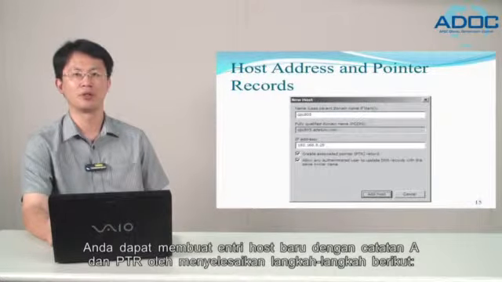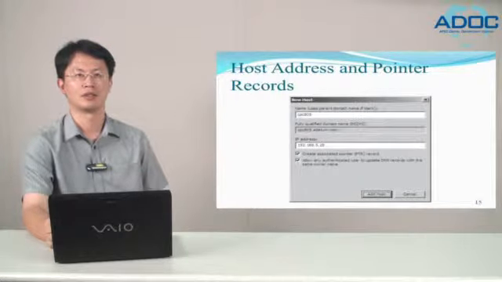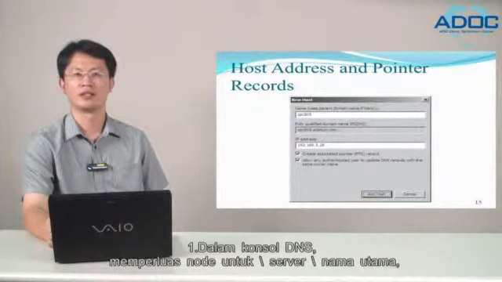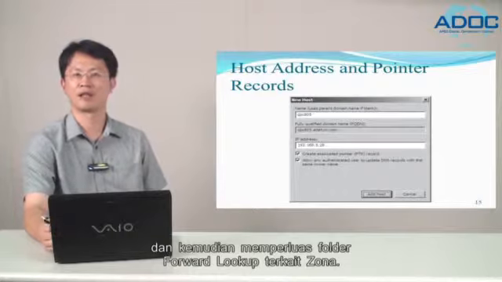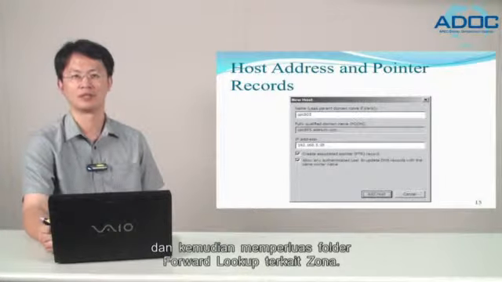you can create a new host entry with A and PTR records by completing the following steps. In the DNS console, expand the nodes for the primary name servers, and then expand the related Forward Lookup Zones folders.